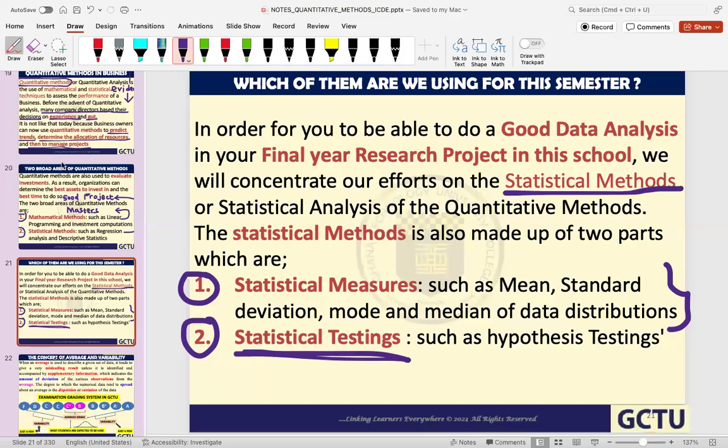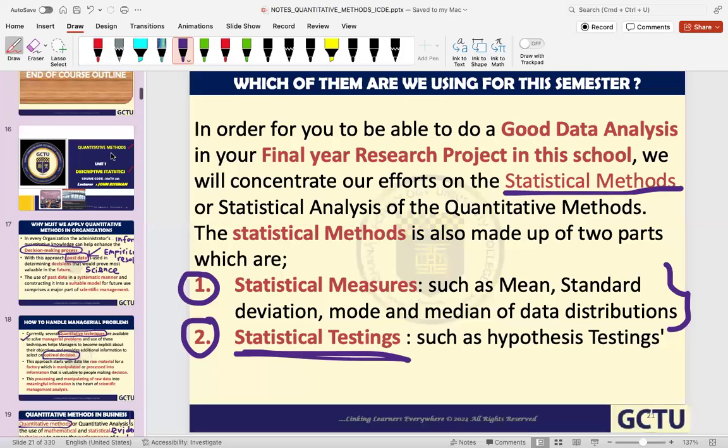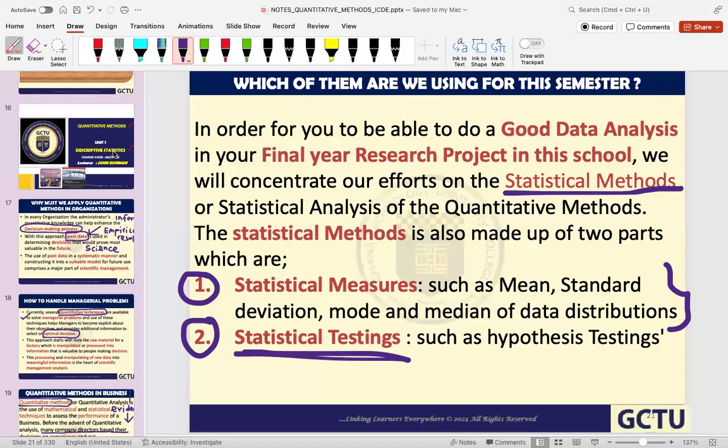And so, ladies and gentlemen, this is a brief on the quantitative methods structure and why you should do it at this time.